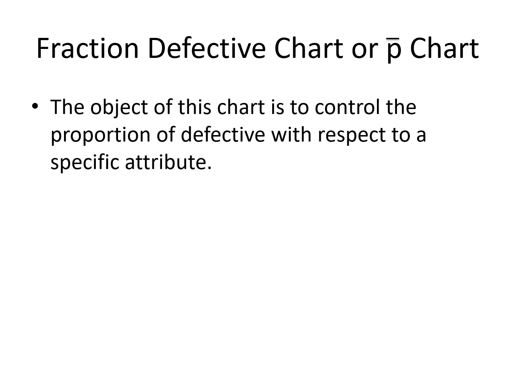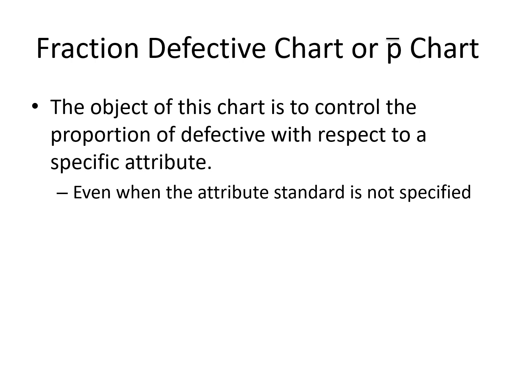So the objective of this chart is to control the proportion of defectives with respect to the specific quality attribute, and this control is done even when the attribute standards are not known. When we do not know the standards and we have to control the quality of an attribute of a product, this is done through inference.